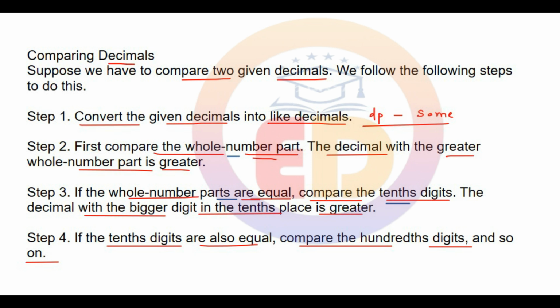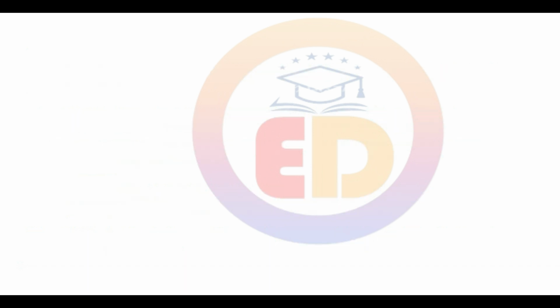For this, I'll take an example. 7.8215, 7.8413. Now here in these two decimal numbers, the decimal places are 4 decimal places. They both have same decimal places, so no need of converting them because they are already like decimals.